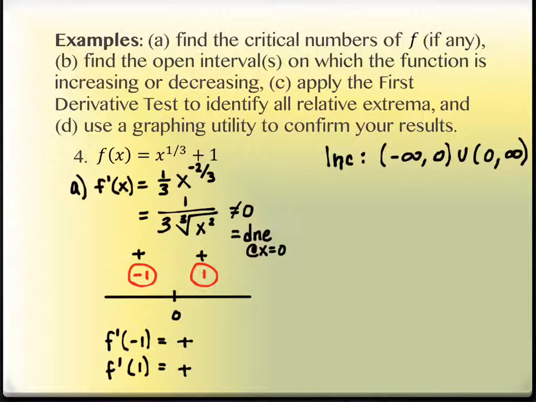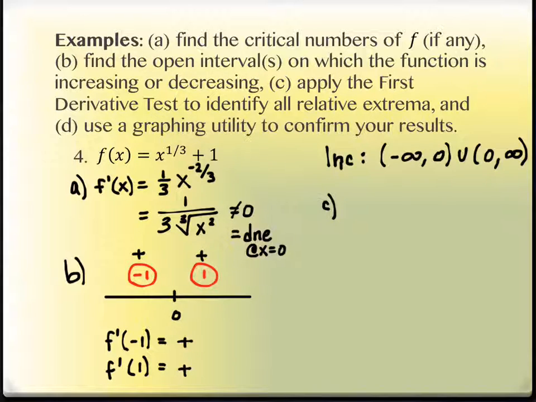Okay? What can you tell me? So this is part B. I didn't label it. All this work is part B. Part C talks about relative max-min. Well, the only possible place of a relative max-min is at 0. And what's happening at 0? There's no change in slopes on either side, right? It's positive on the left, positive on the right. It's kind of like the graph of y equals x cubed that I drew originally.